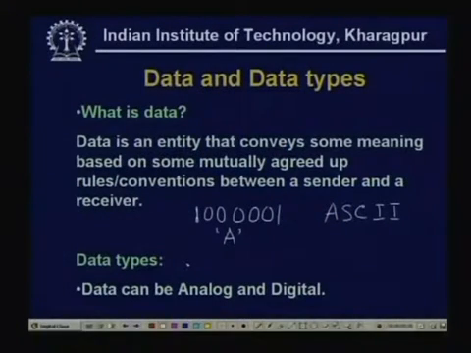That means uncorrelated, incoherent signal or information, whatever we receive, is not data. What we can interpret, obviously that interpretation is based on some knowledge of the data. That means some standard, some norm, some mutually agreed upon convention. So this is the significance of data or meaning of data.